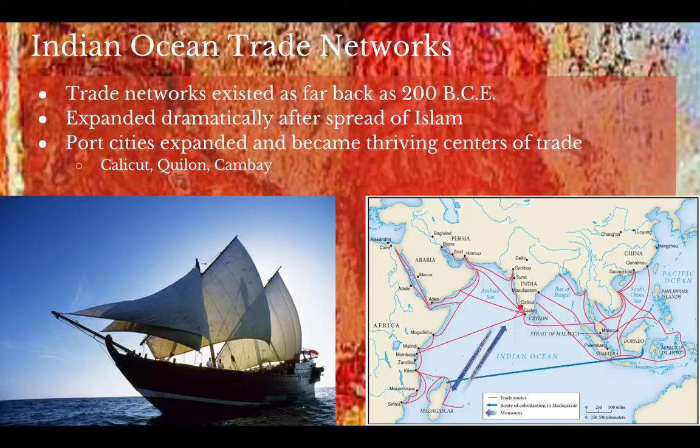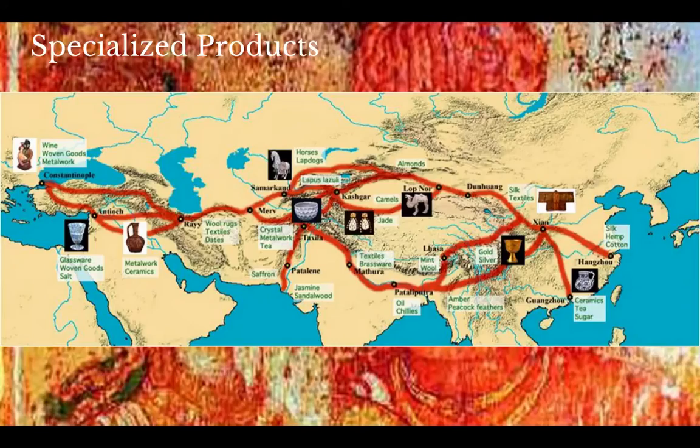So even in its early years, it was already a very diverse, very cosmopolitan and multicultural city because of that constant contact. In terms of different products that are in demand from the Indian Ocean basin, this actually is a better representation of the Silk Road, but in any case, I thought I'd use it because I couldn't find the best images.